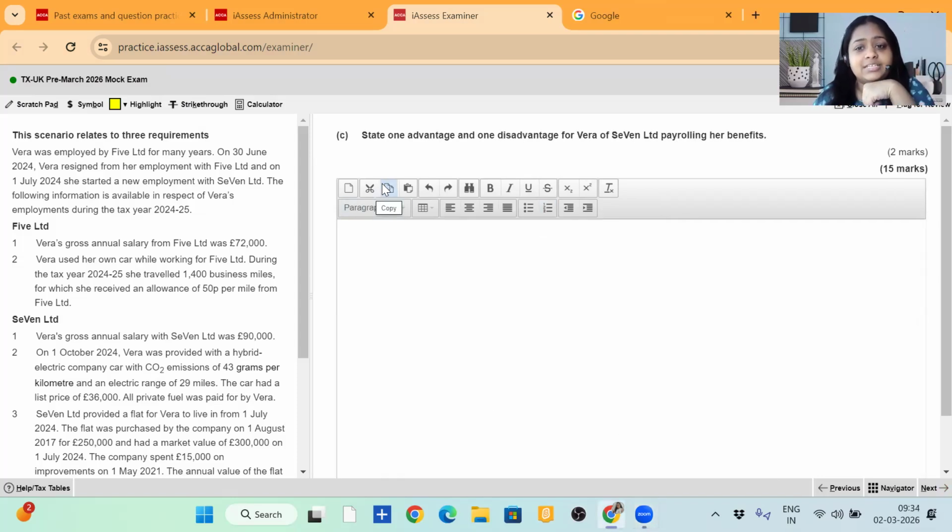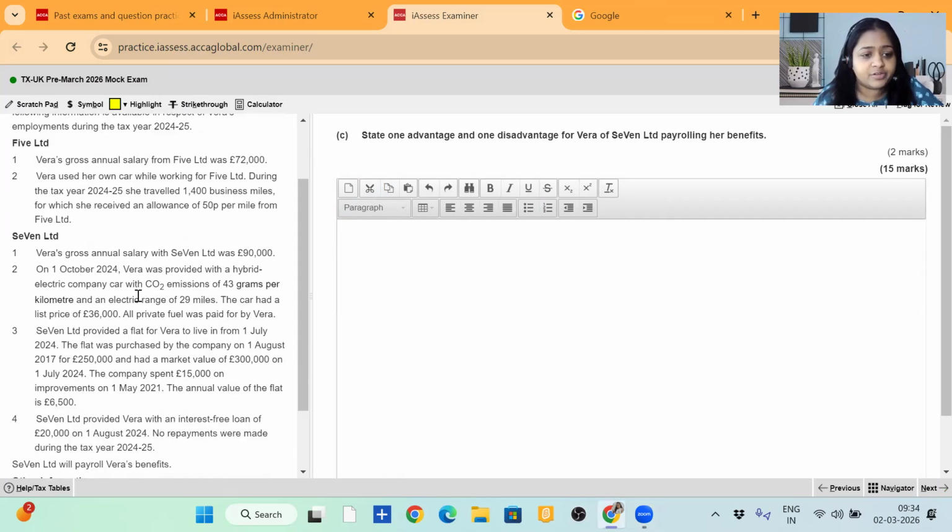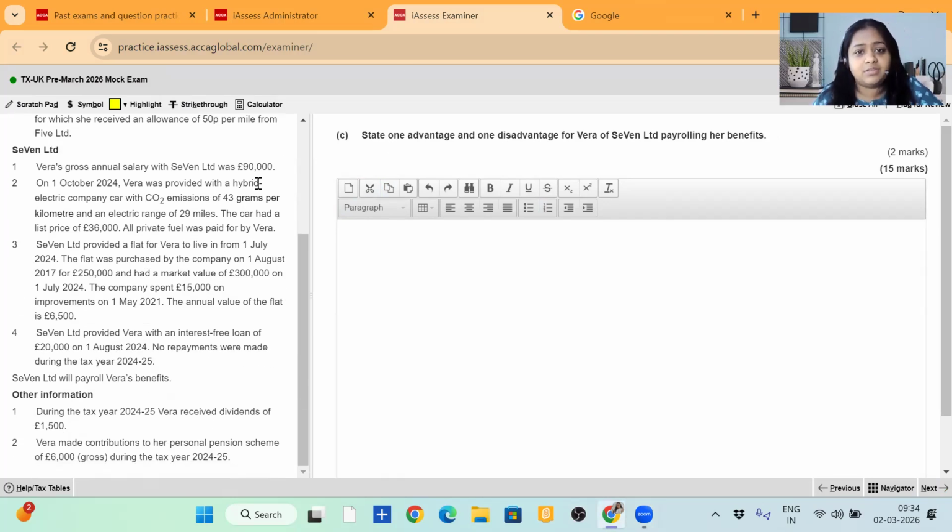State one advantage and one disadvantage for Vera of 7 Limited payrolling her benefits. Okay, what are the advantages for Vera when 7 Limited is payrolling her benefits?